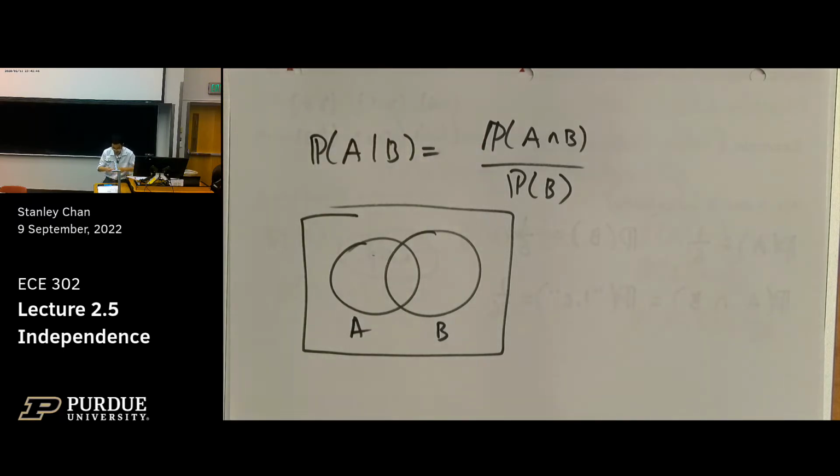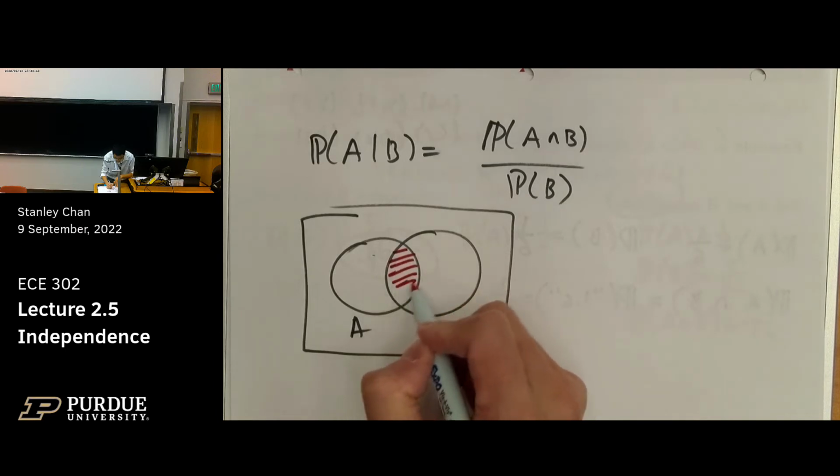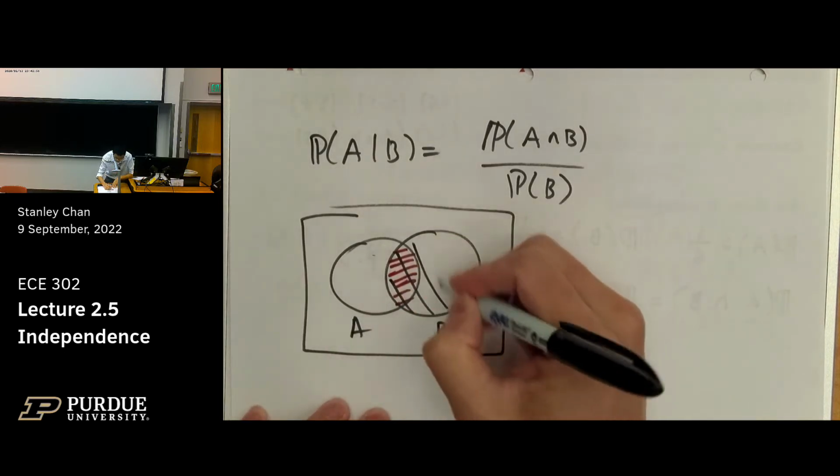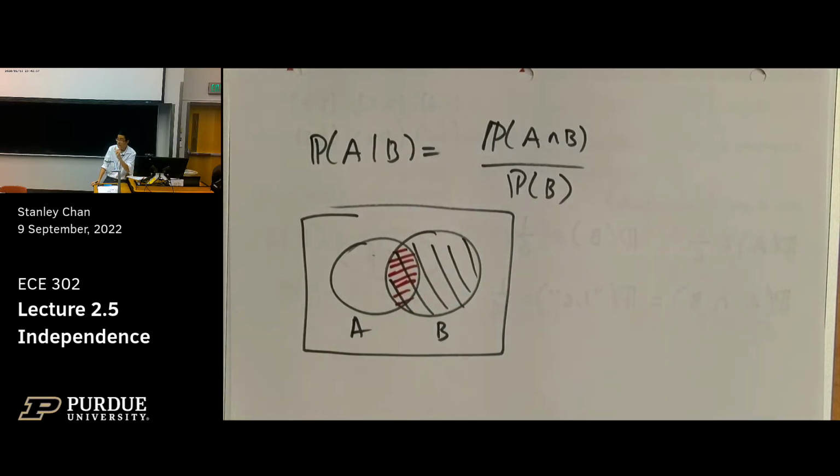The ratio is here, this is A intersect B, over your B. And that's a ratio, that's a number. This is a number between the size of these 2 sets. It's not an event. It's a number.